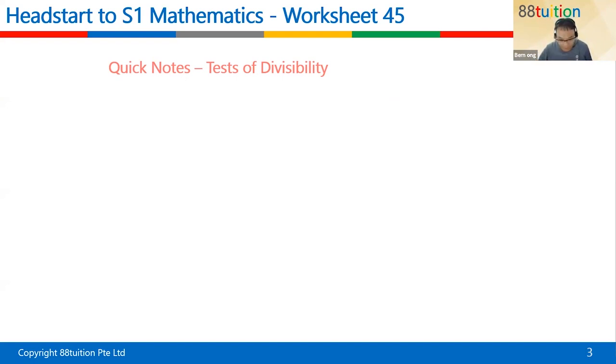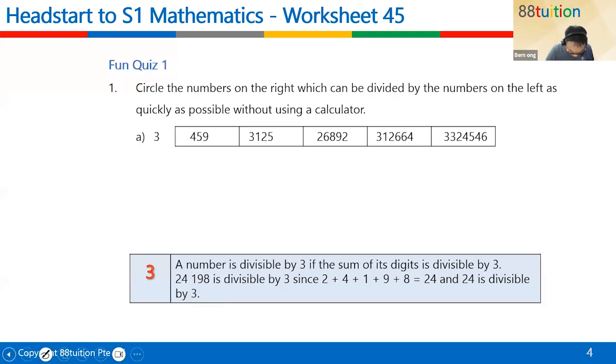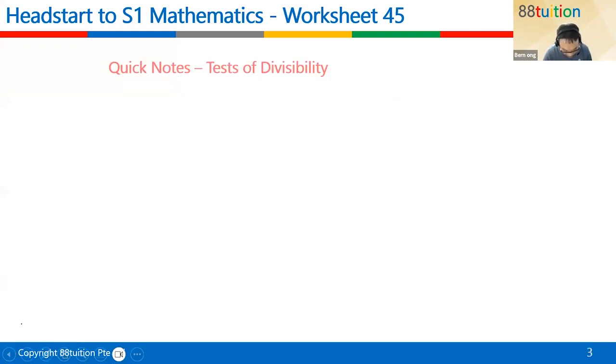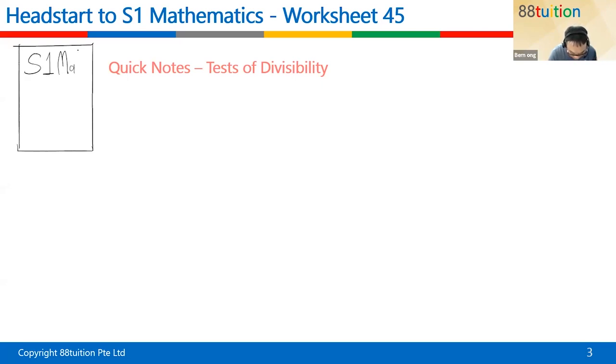So down here, I need you to open up a table for me, maybe. This is your exercise book. Try to have it as an A4. Then of course you can write Sec 1 math. Usually I have the dotted lines exercise book, which makes things easier for me.